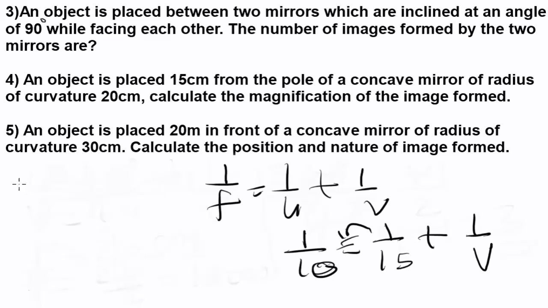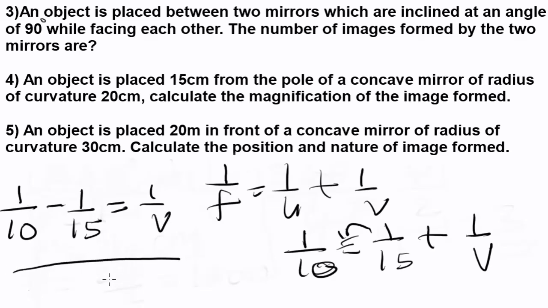Okay, so we're going to have 1 over 10 minus 1 over 15 equals 1 over v. So we find the LCM of the denominators, which gives us 30v. 10 into 30v will give us 3v, minus 15 into 30v will give us 2v, equals v into 30v gives us 30.